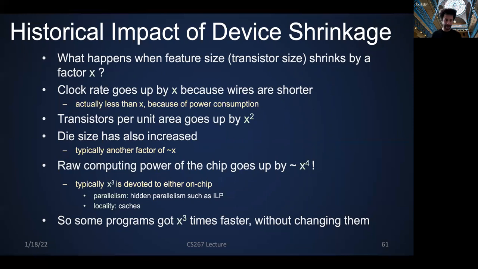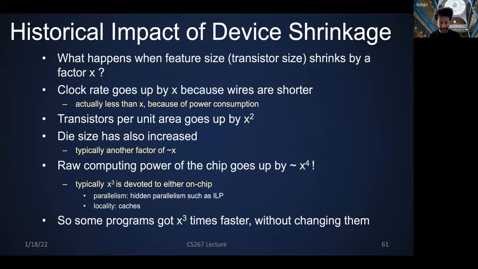I mean, there are some issues about power leakage, and that's the reason why this no longer holds, but the leakage was small enough in the past that it was pretty close to X. And because the area is the square of one dimension, the transistors per unit area go up by X squared. And usually the chips got bigger, the die size increased. That used to be approximately X squared.